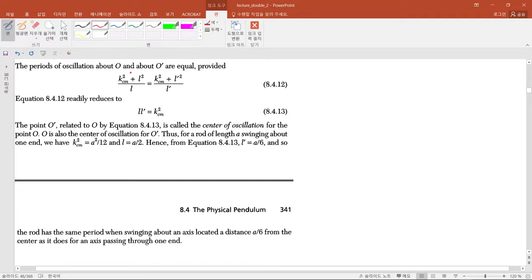Then one can ask, what is the period of oscillation when they are equal?